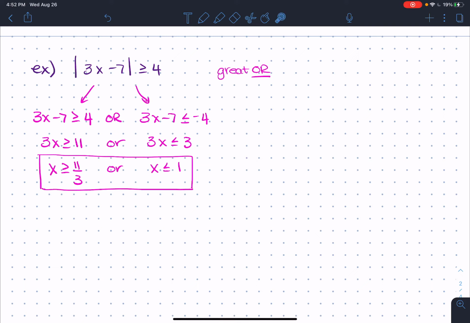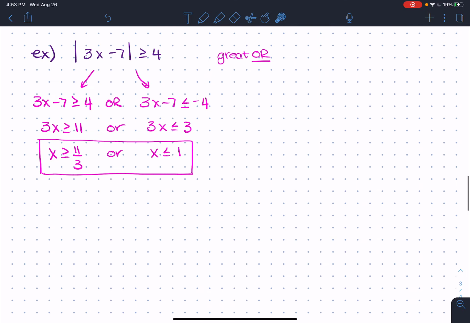So the bottom line is you're going to create a compound inequality. If it's a greater than symbol, you're going to make a compound inequality with or. Don't change what's in the absolute value, but you have the 4 positive or the 4 negative. And when you flip the sign, flip the inequality. And that's how you solve an absolute value inequality. So let's try another one.